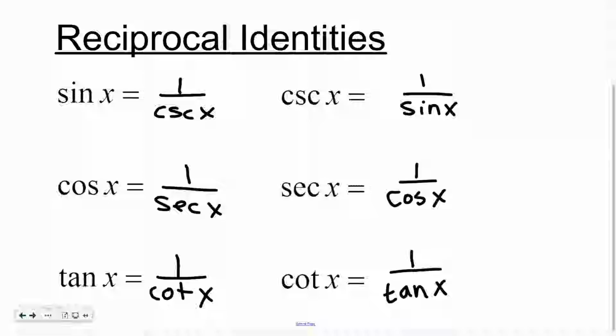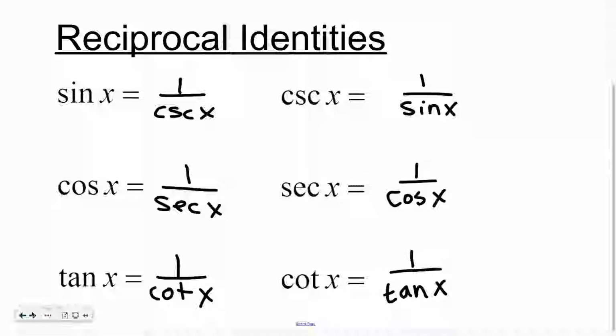But we will be using these trig identities in chapter 5 because we're going to be rewriting things. So if you ever notice that you have a secant x in a denominator, you can really write that as cosine x in the numerator. So we're going to be able to move things in a fraction from top to bottom, okay, using the reciprocal identities.